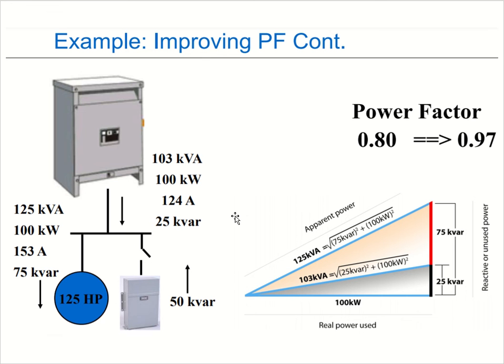So kVA will be square root of 3 times 480 times the amperage times your power factor, cosine of 0.97.